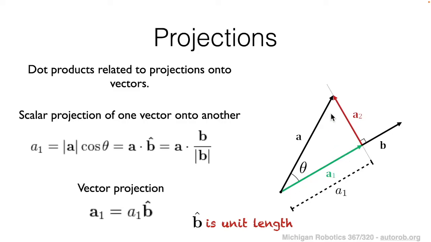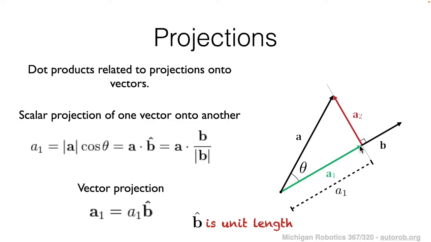When we say projection, what we mean is if you imagine taking the end point of vector A and projecting it along a perpendicular line onto this vector B. And the resulting point there is what we refer to as the projection.